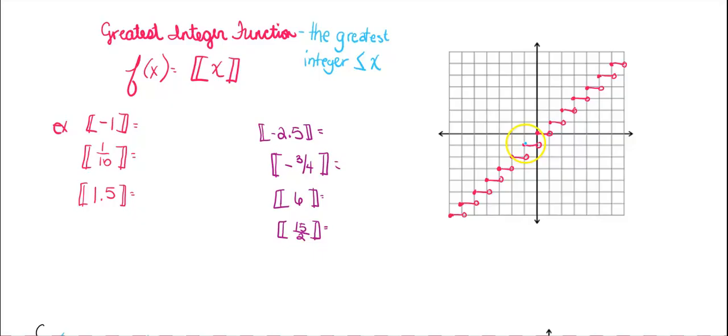And if your x is an integer, then your y is also going to be that integer, because it is either that integer or the closest integer to it that's less than x. In this case, because x is -1, y is going to be -1. So here on the graph, I would plot the point -1, -1. It would be this point right here.